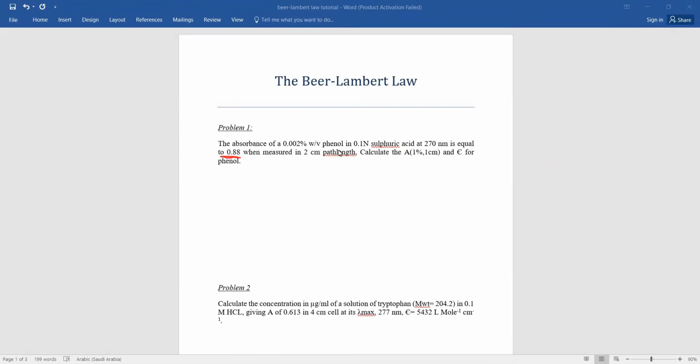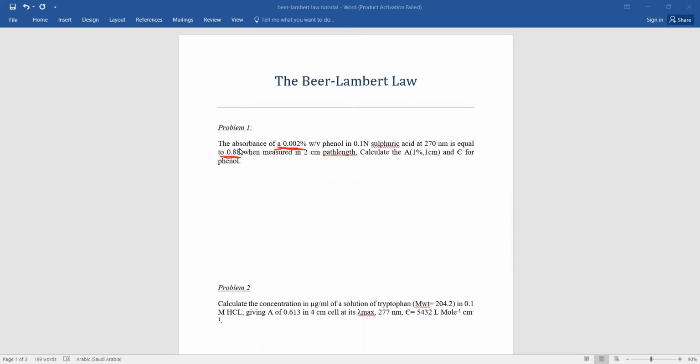For concentration of phenol, 0.002% weight per volume. Okay, so this is the concentration for the phenol. Percent weight per volume is the same as gram percent or gram per 100 milliliters.